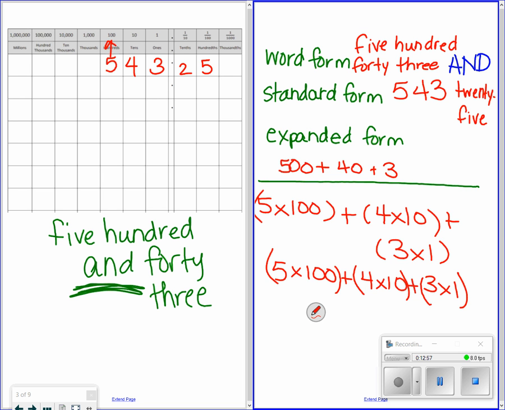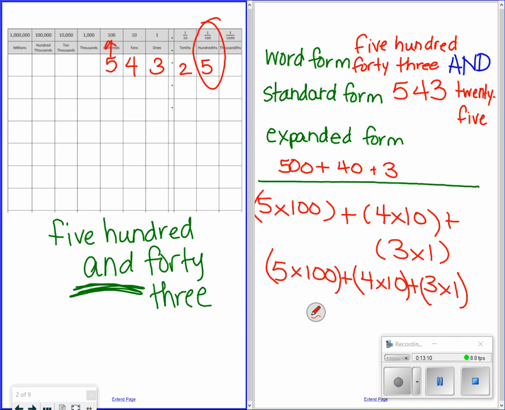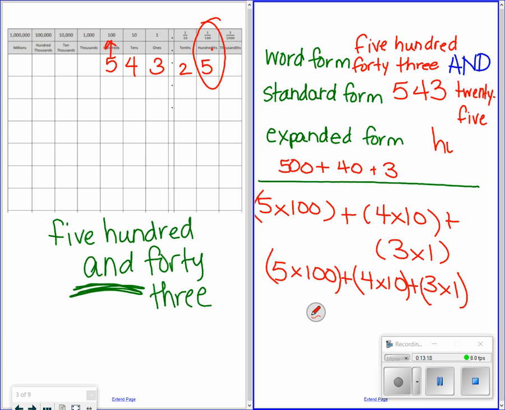Say it loud, say it proud. In the hundredths. Because that's where it is. It's right here. It's in the hundredths. So it's 543 and 25 hundredths.